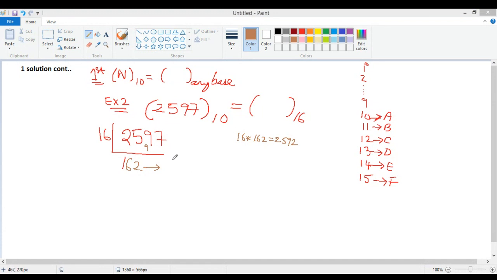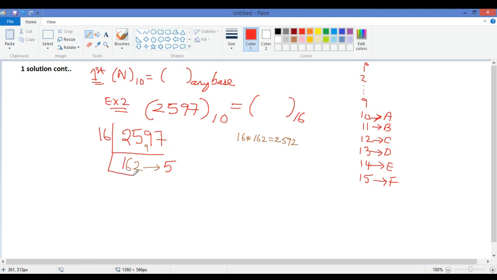So the remainder will be 5. But you see this 162 is bigger than 16, so I will divide it again.